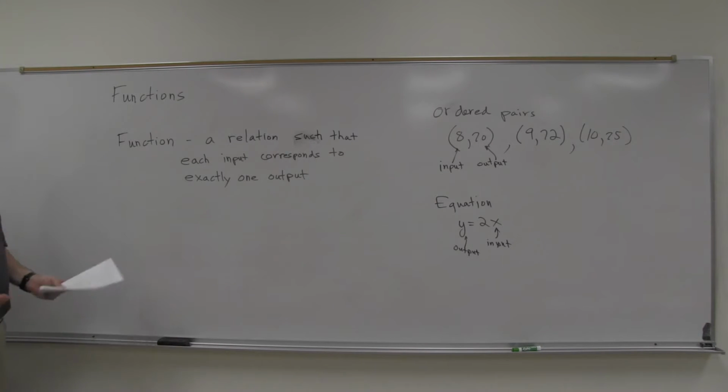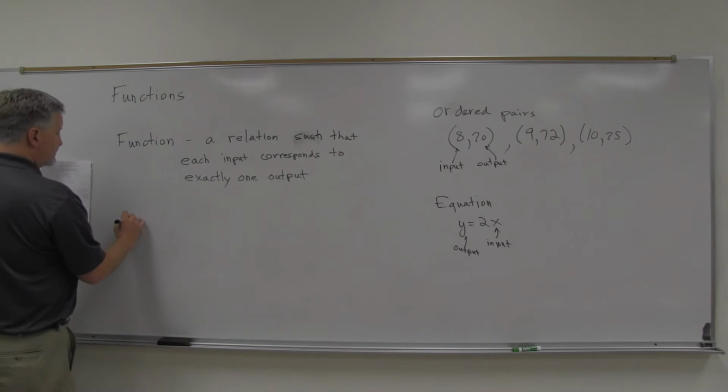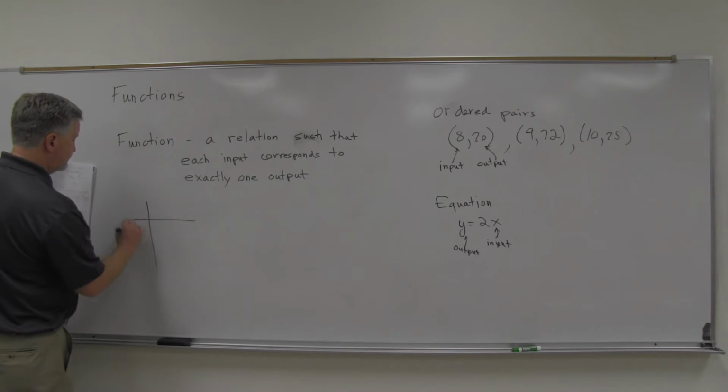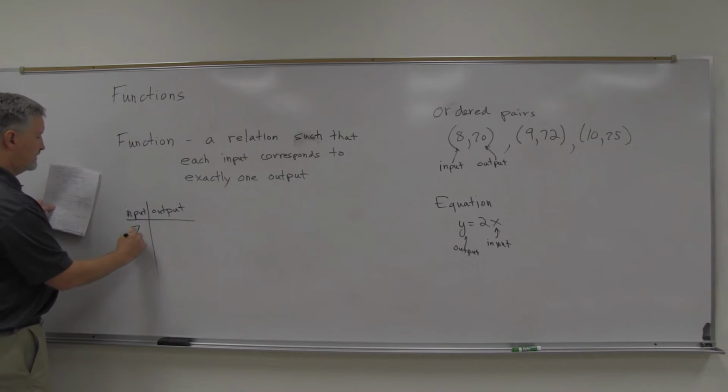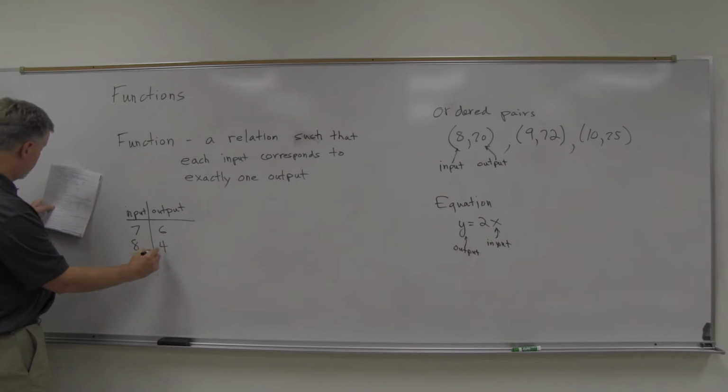So that kind of specializes just a little bit. Some of the ones I had listed were functions, and some of the ones I had listed weren't functions. But let's just go through a couple here, new ones. So let's say I've got input and output table here. So I've got 7 input, output 6, 8 input, 4 output, and then 9 goes with 2.